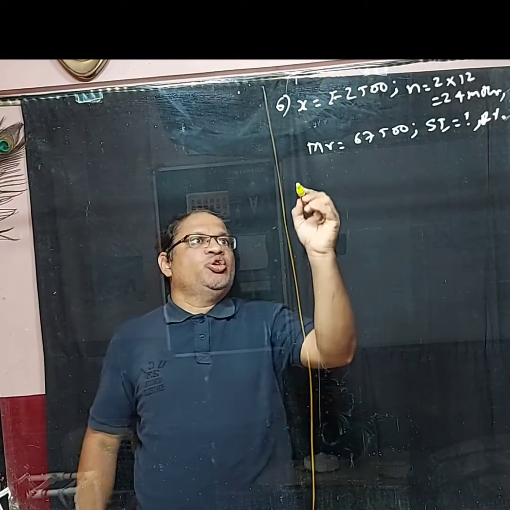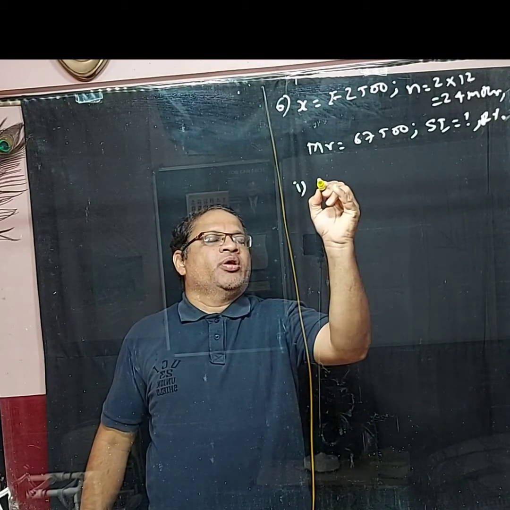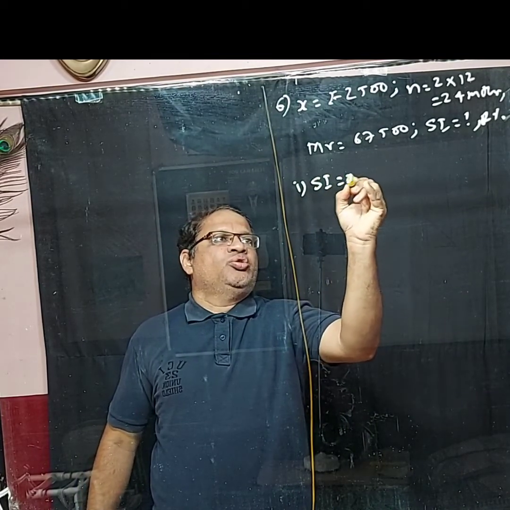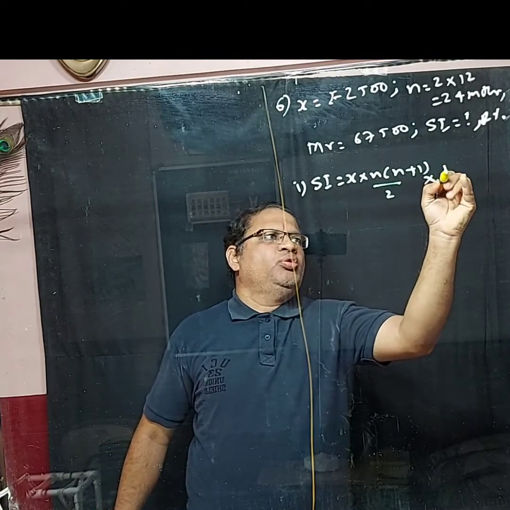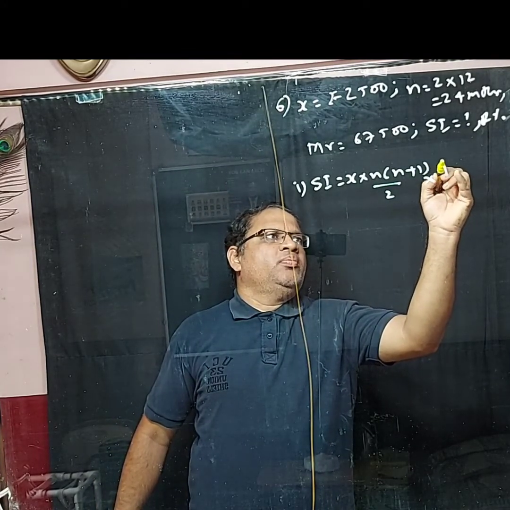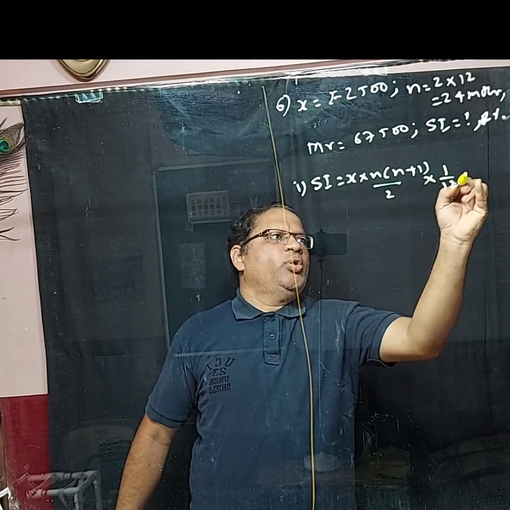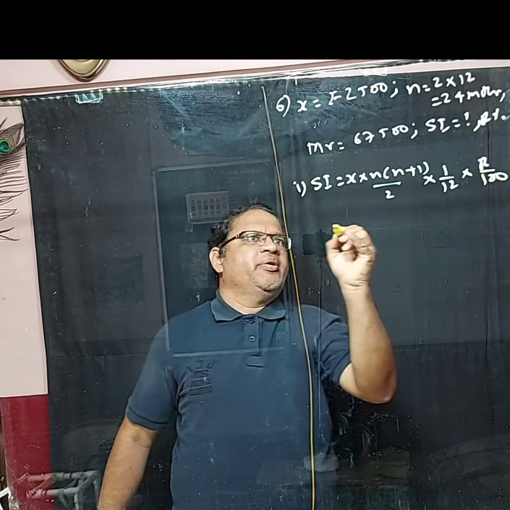Okay, so we use the first formula. SI is equal to X into N, N plus 1 upon 2 into 1 by 12 into R by 100.